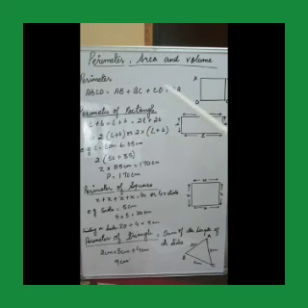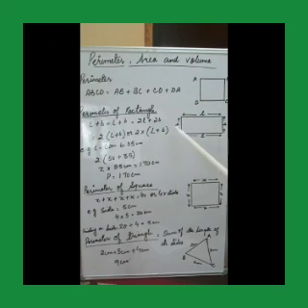So how to find the perimeter of a rectangle? Consider a rectangle having length and breadth, where opposite sides are the same, not all four sides the same. So the perimeter of a rectangle is length plus breadth plus another length and another breadth.